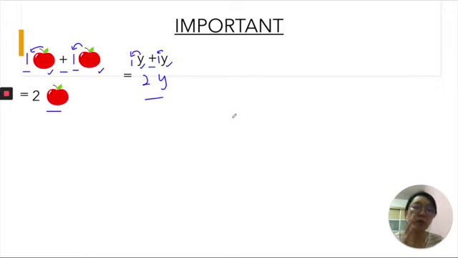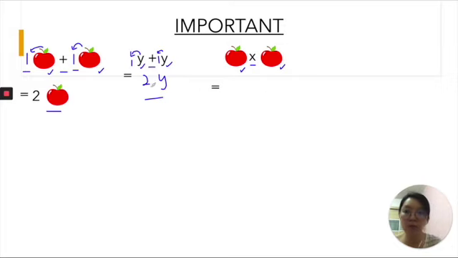But when you come to this week, you have apple times apple. Very different. If you find it is times, and apple, they are the same. So what I will do is different from the plus. I don't check the number in front. What I'll do is, I'll put out the apple, and the apple becomes bigger. Why?